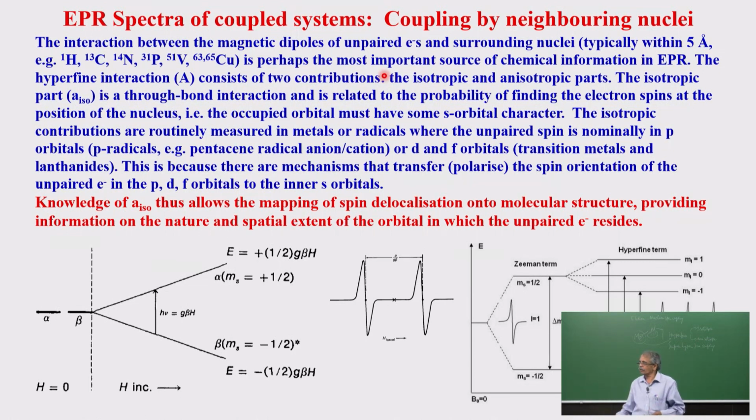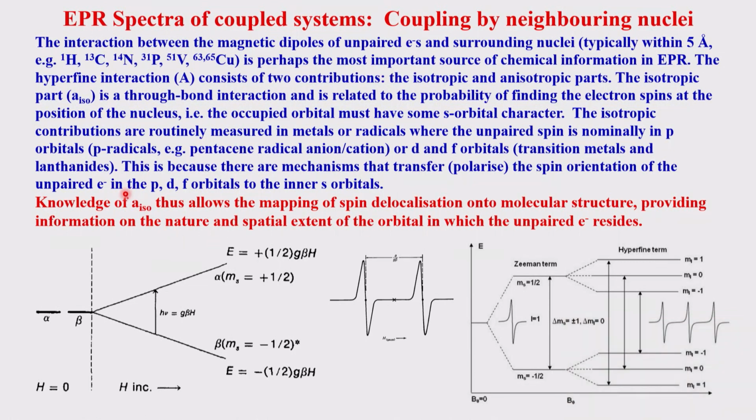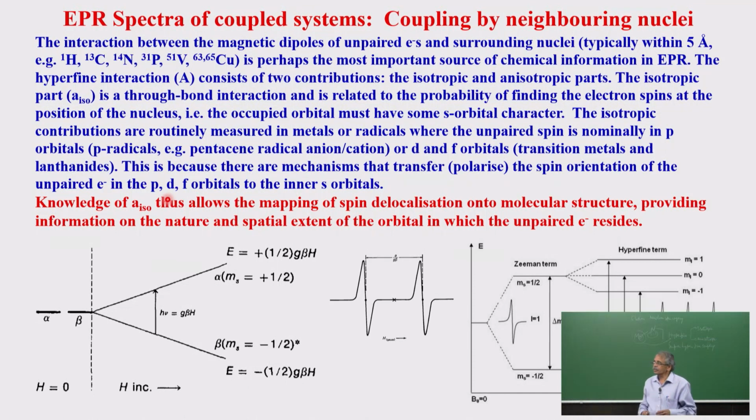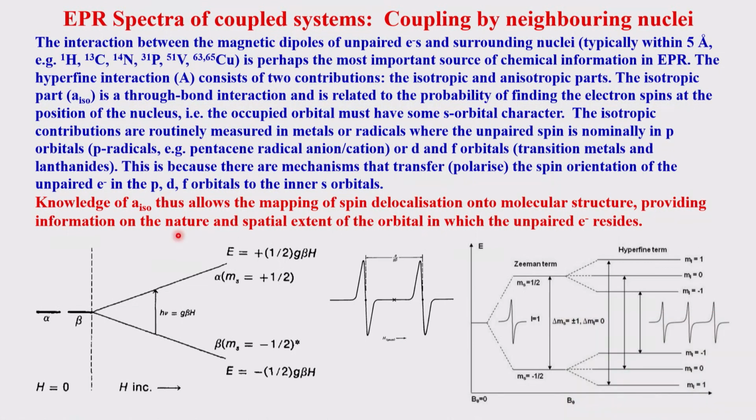So, for example, you can see spins normally found in radicals, or d and f orbitals, transition metals, lanthanides, etc. All of these will have those electrons belonging to them having some s electron density at the nucleus. And the mechanism by which this is being transferred will decide the strength of the coupling interaction.